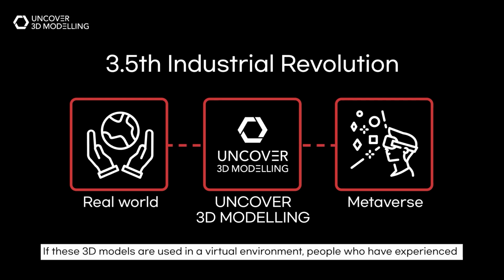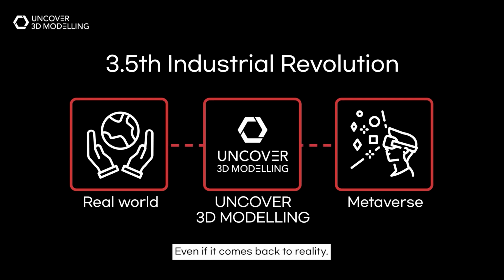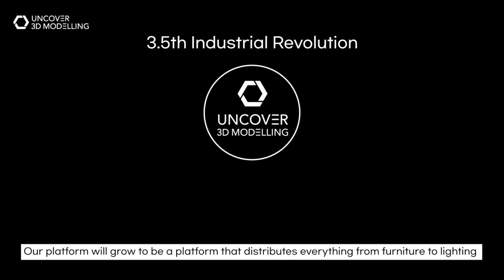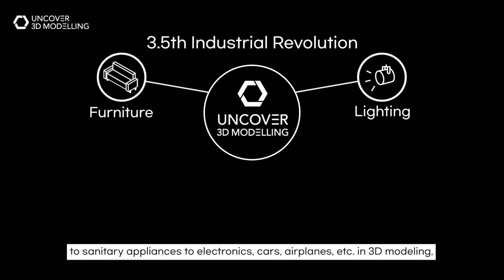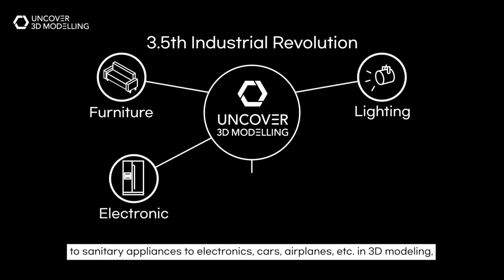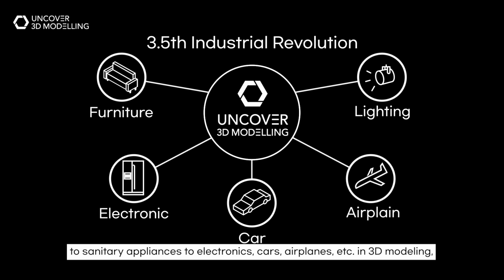If these 3D models are used in the virtual environment, people who have experienced the virtual environment can remember the product and continue to purchase it later, even when they come back to reality. Our platform will grow to distribute everything from furniture to lighting to sanitary appliances to electronics, cars, airplanes, etc. in 3D modeling.